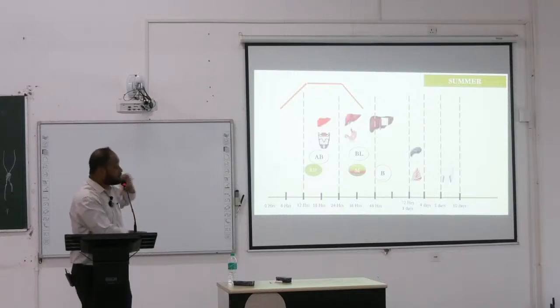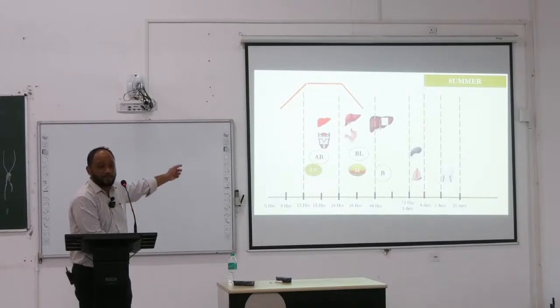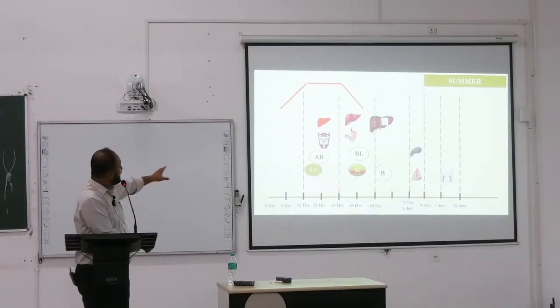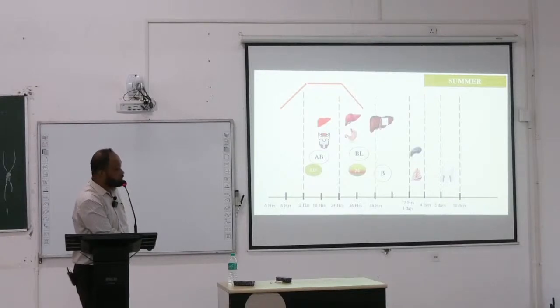Internally, within 12 to 18 hours, the trachea and larynx. Then 24 to 36 hours, the stomach, and here softening and flabby liver, blister formation, this is honeycomb actually, honeycomb liver.